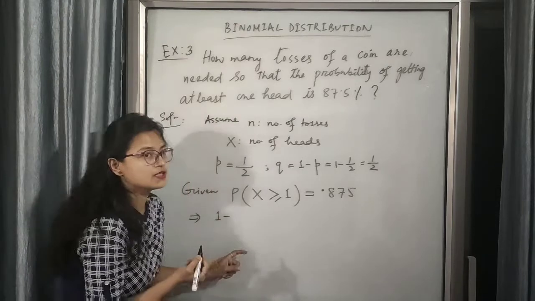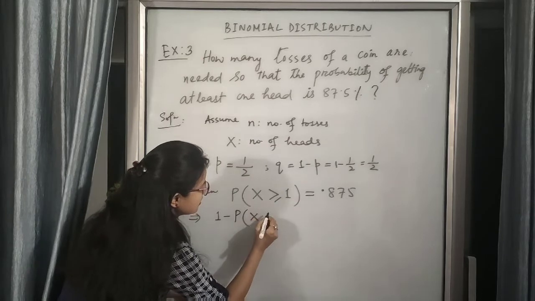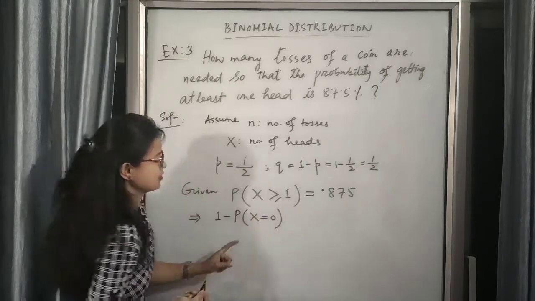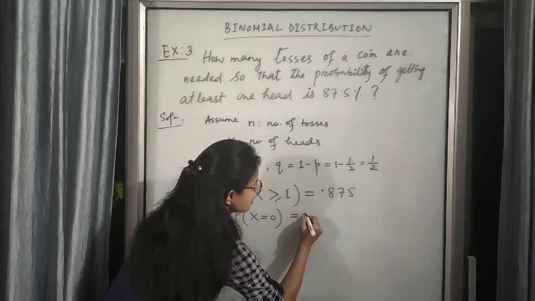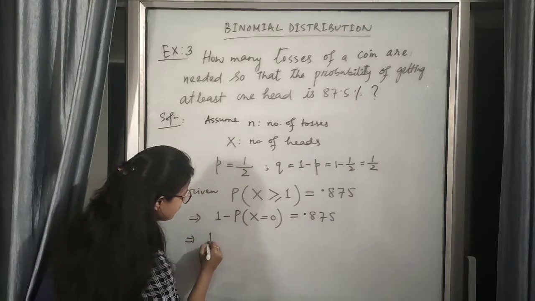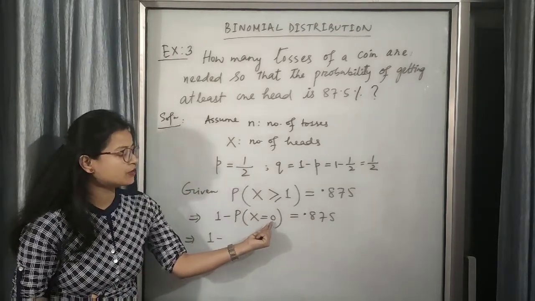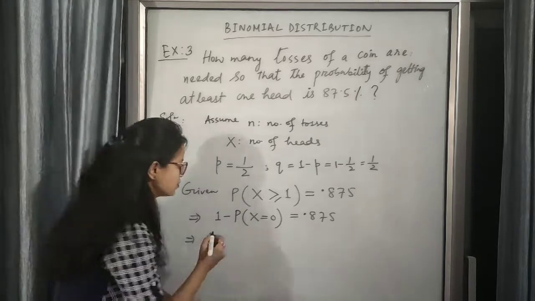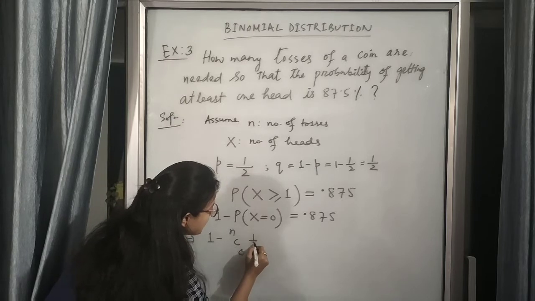So similar to the second part of example 1, we can write this as 1 - P(x = 0), which is equal to 0.875. Now, as you can see here, between the variable and the value there is an exact equal sign, so directly we can apply the binomial distribution formula.